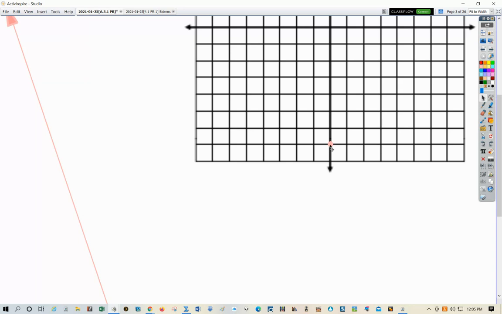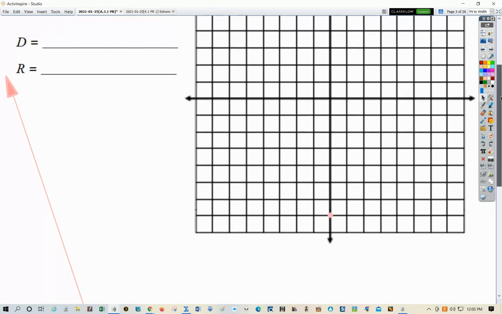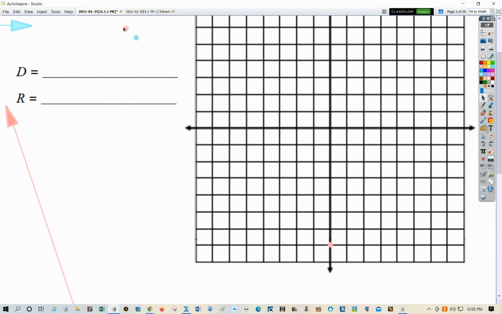So I would go down 3 and over 1, but that's not very convenient. So let's reverse that. Let's go up 3 and back 1 to that point right there, maybe, okay? So I'm going to put another point right there. Would everybody agree that the slope between those 2 points is -3? Everybody give me a thumbs up on that or a yes?